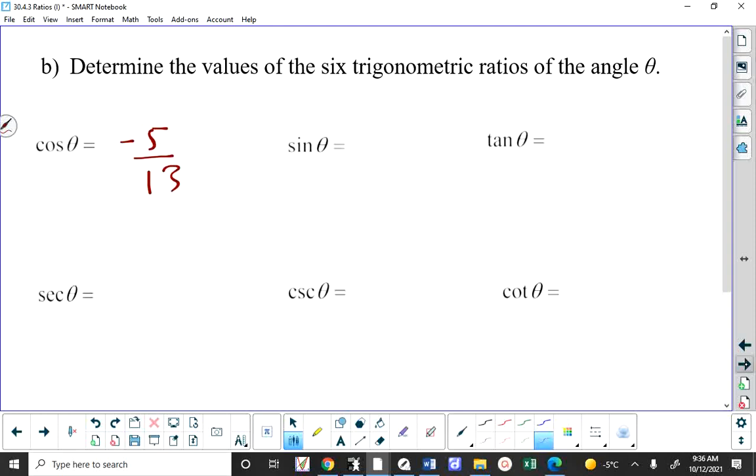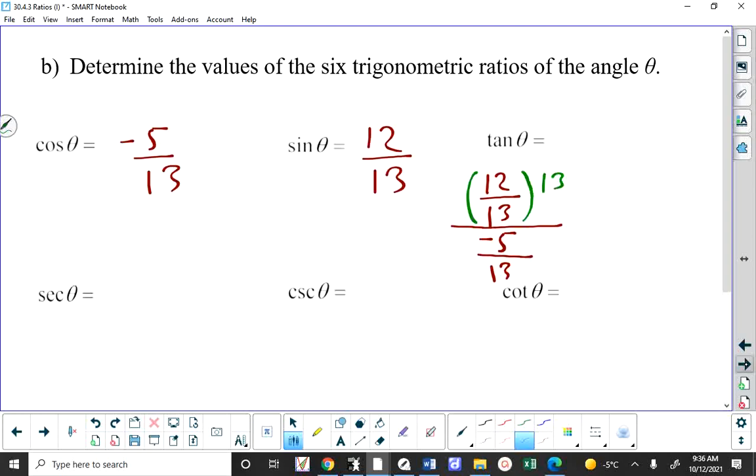What is the sine of theta? Well, the sine of theta is the y-coordinate. Was it negative 12? Was it negative as well? It was just positive. Tangent would be y over x. Well, multiply top and bottom by 13. And you get 12 over 5 with a negative result, so negative 12/5.